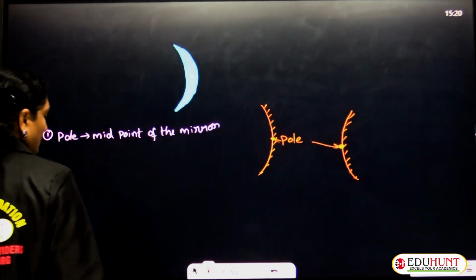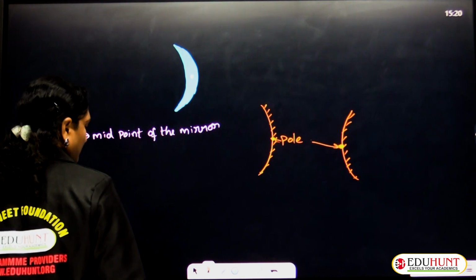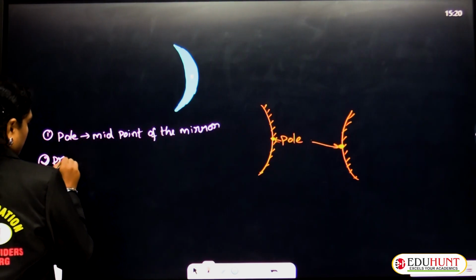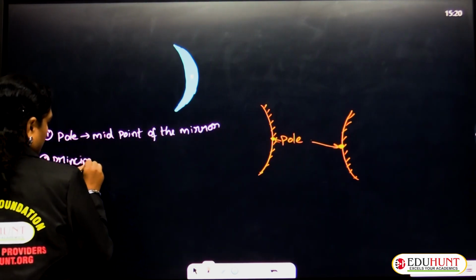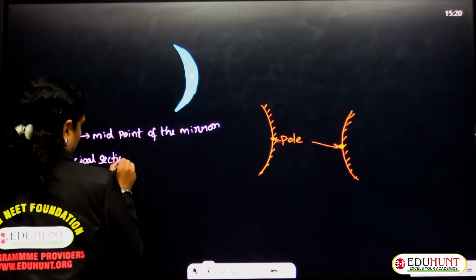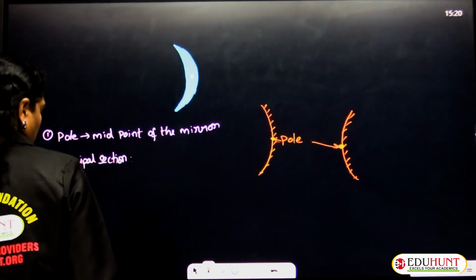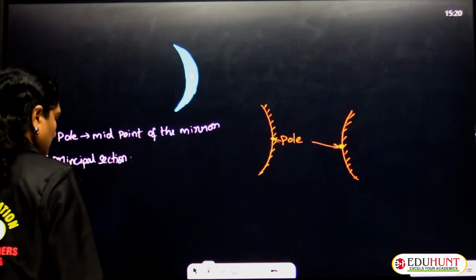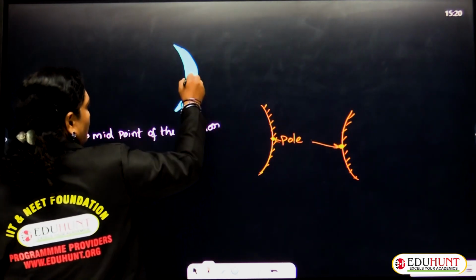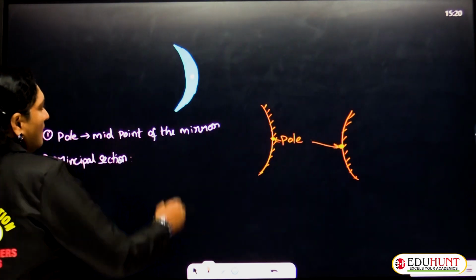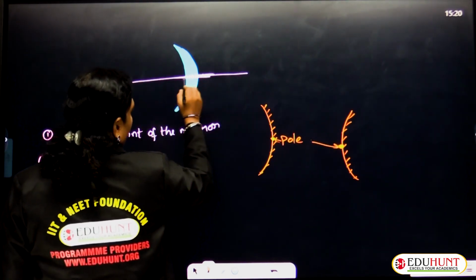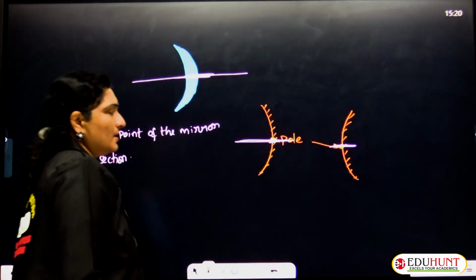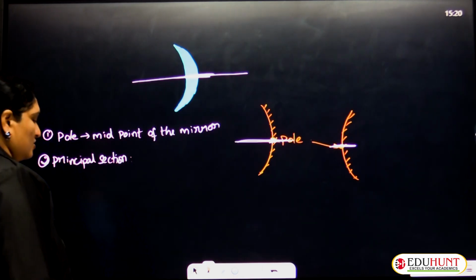Next one is all about the principal section. This portion which passes through the pole of the mirror, this complete portion itself, is called the principal section.